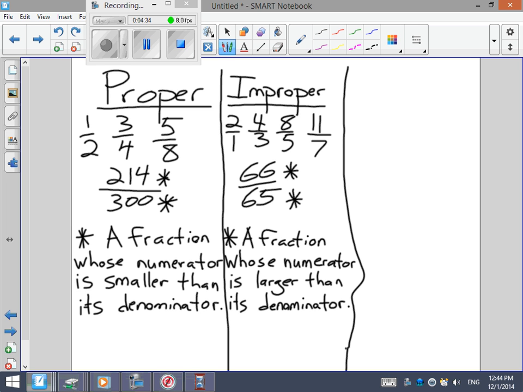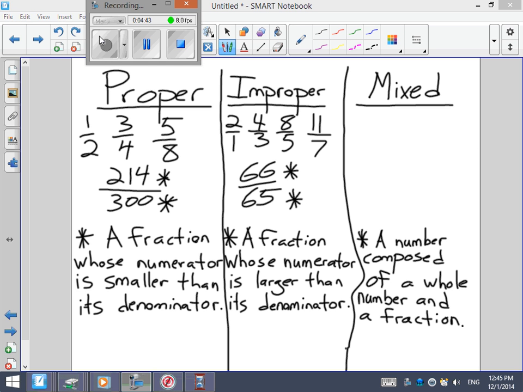Now, this same one, you can write a different way, and that's called a mixed fraction. A mixed fraction is a number composed of a whole number and a fraction. That's the word mixed. So it has whole and fractions.